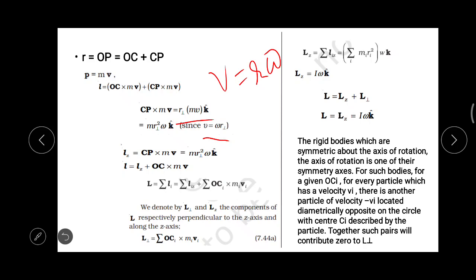Then CP cross mv will become m r perpendicular squared omega k cap, in the direction of the z axis, with unit vector k cap. We write this angular momentum value as Lz. So Lz is equal to m r perpendicular squared omega k cap.